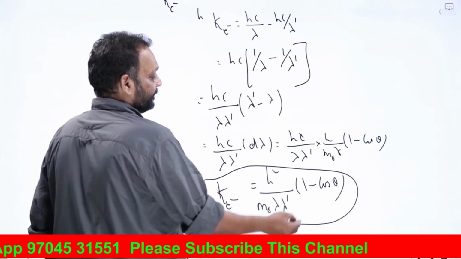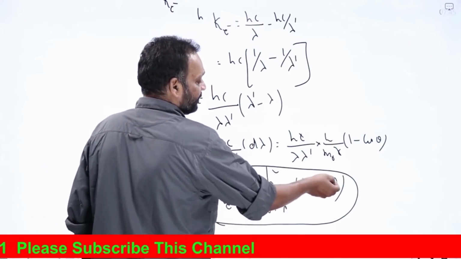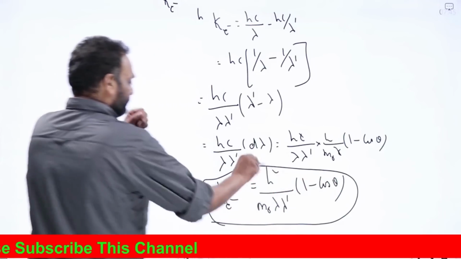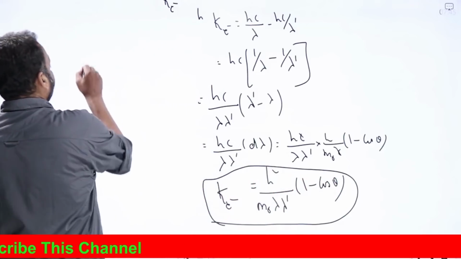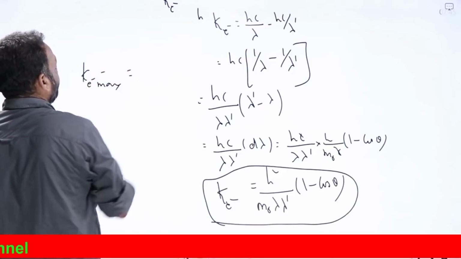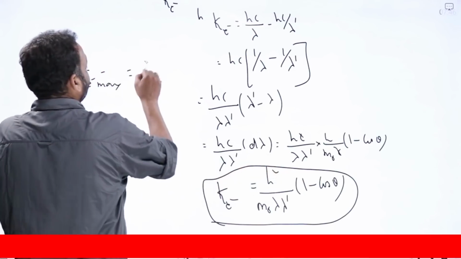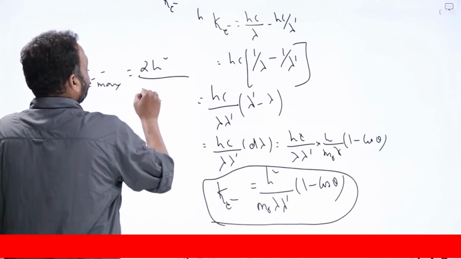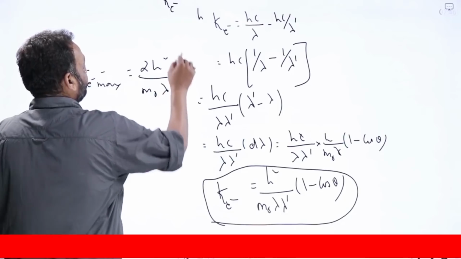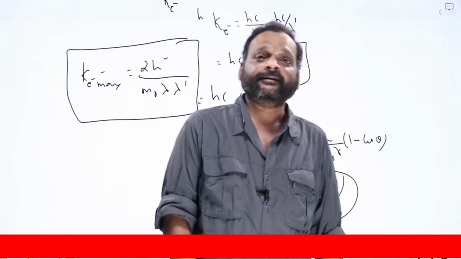When theta equals 180 degrees, cos 180 is minus 1, so 1 minus (minus 1) becomes 2. So the maximum possible kinetic energy for the recoil electron, KE maximum, equals 2h square by m0 lambda dash. This is the maximum possible kinetic energy for the recoil electron.